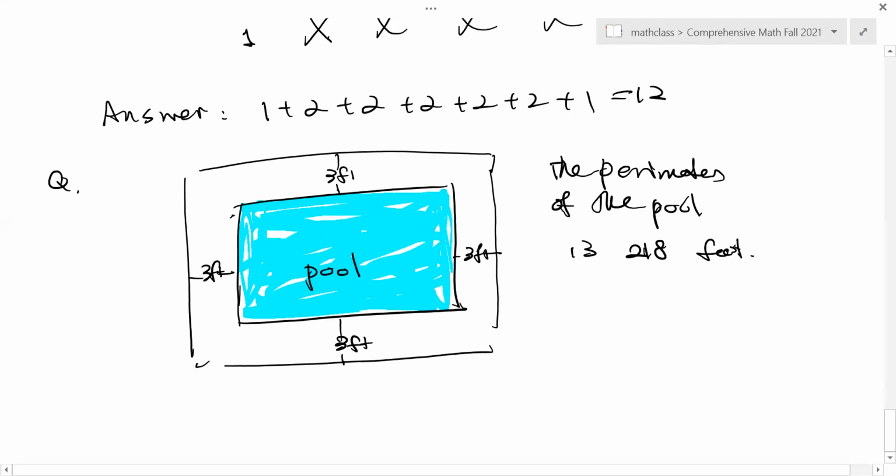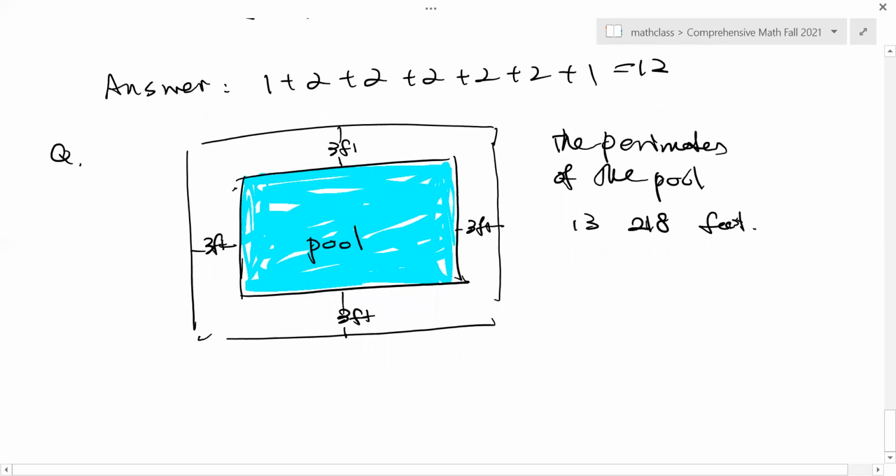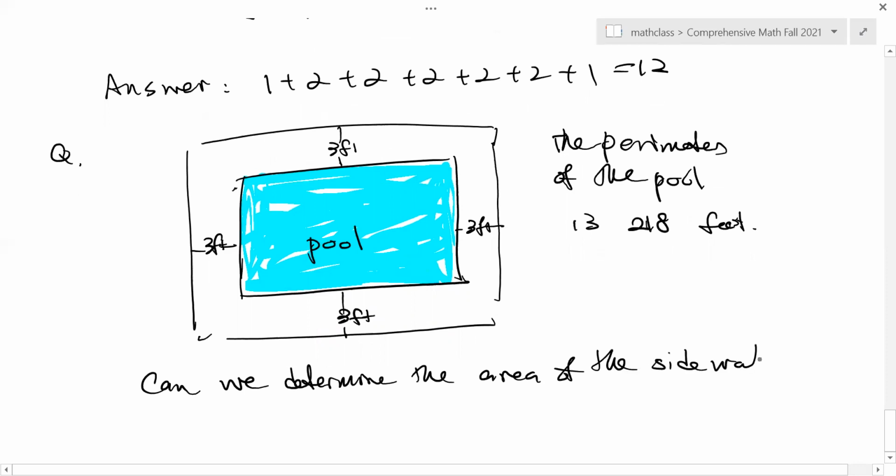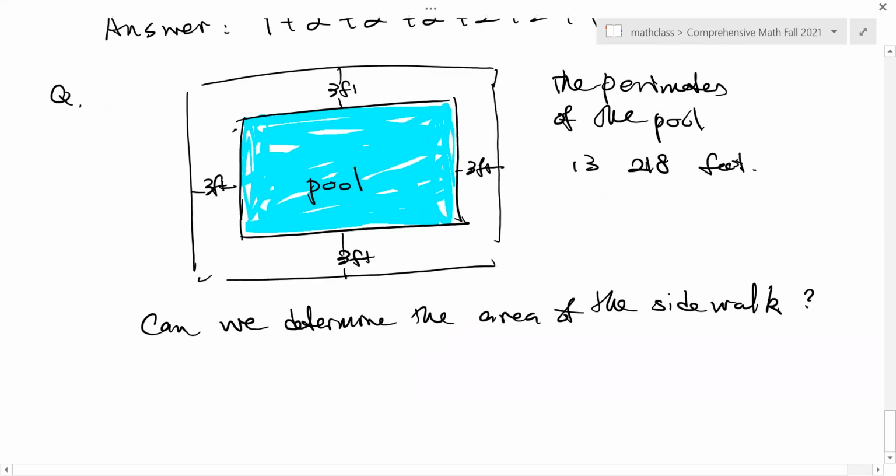The question is, do you need to go back to measure the area of the sidewalk, or based on this information, can you determine the area of the sidewalk? Please think about that.